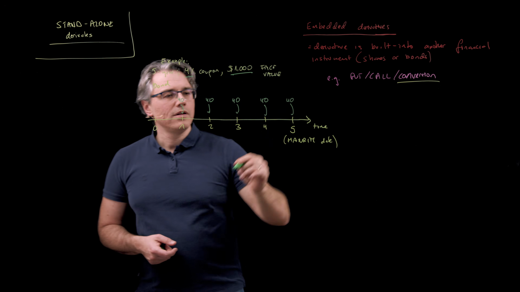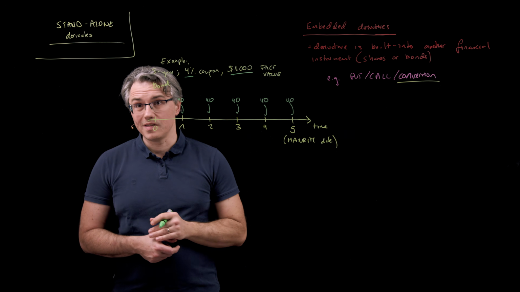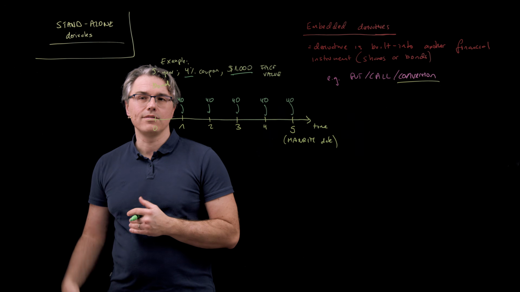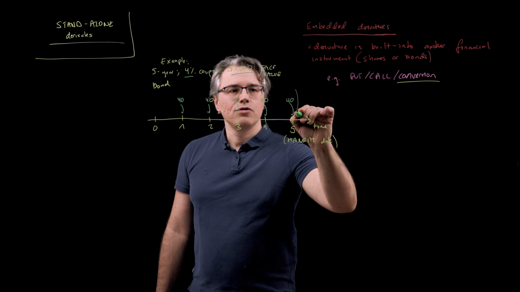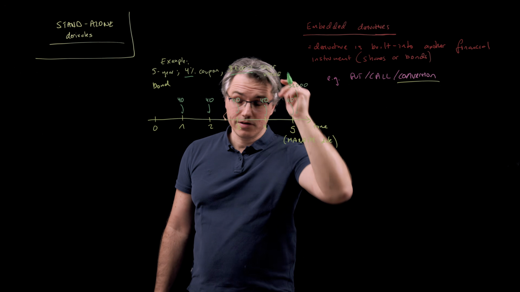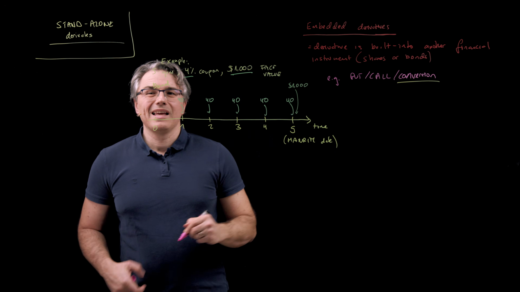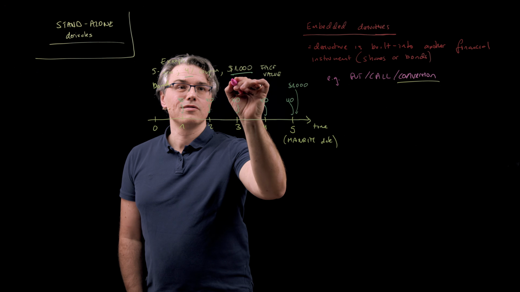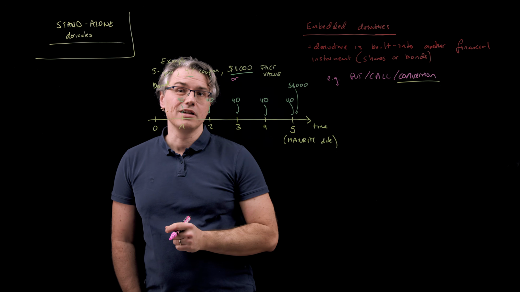Now, on the maturity date, assuming this is a classic, so-called bullet style bond, more on different cash flow structures in the playlist on fixed income instruments, you should receive as an investor this nice round $1,000. But if it's a convertible instrument, instead of receiving 1,000, you may choose to receive a pre-specified number of shares coming from the issuing company.